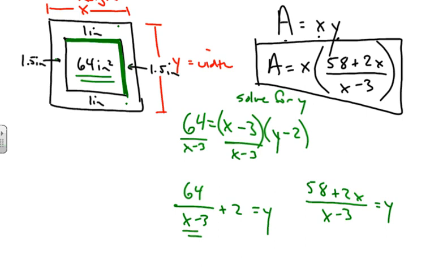Okay, so what we're going to do is identify the slant asymptote because it's 1 degree.